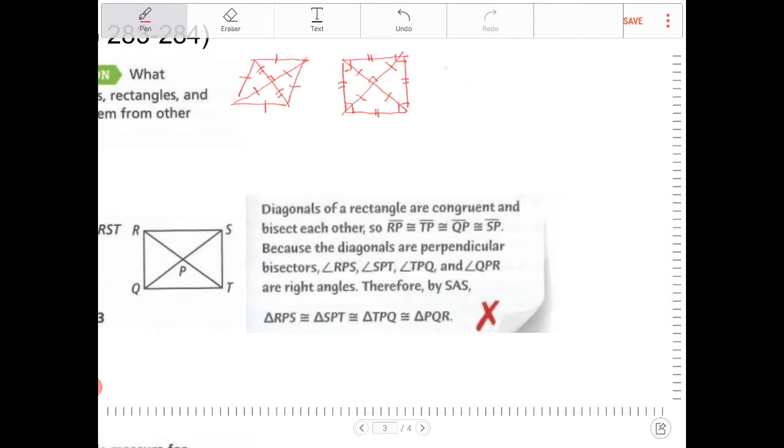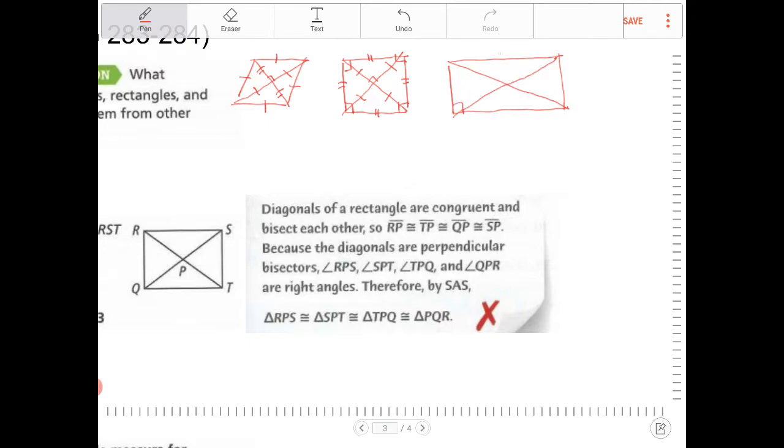A rectangle shares some property similar to a square, such that the diagonals are congruent to one another. And because of this, a square is actually both a rectangle and a rhombus, because a rectangle has its diagonals congruent.